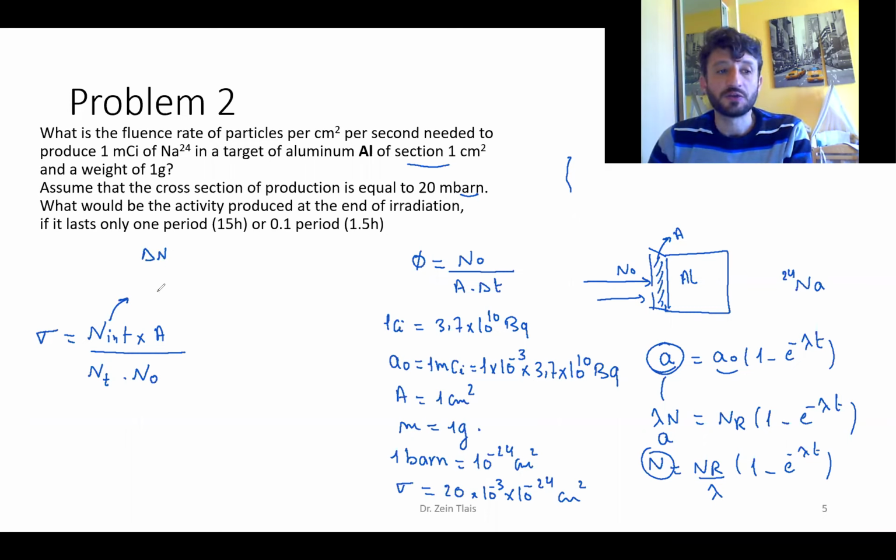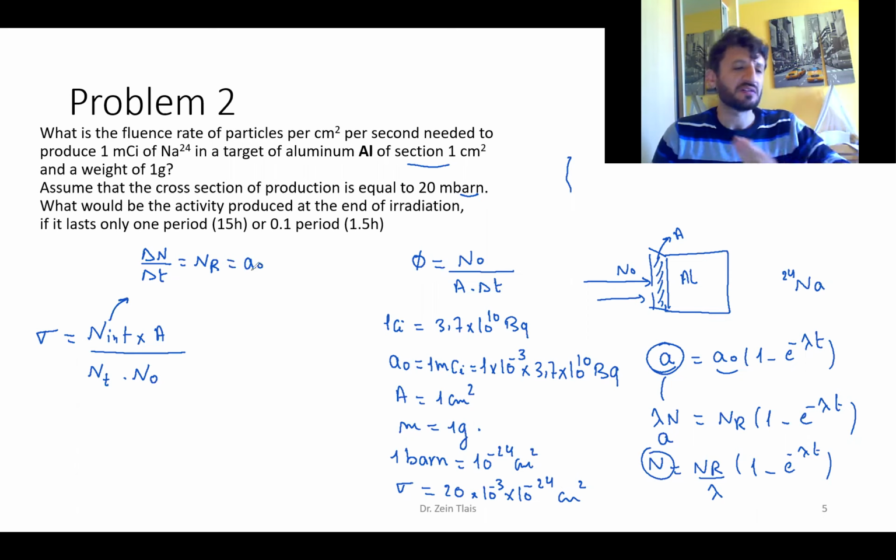Okay, and you know, for each interaction, for each nuclear reaction, we have a new unstable element. We talked about this. The rate of interaction is the rate of production of unstable element. So N interaction divided by time t is equal to N R, the rate of production of unstable element, which is equal to A0.